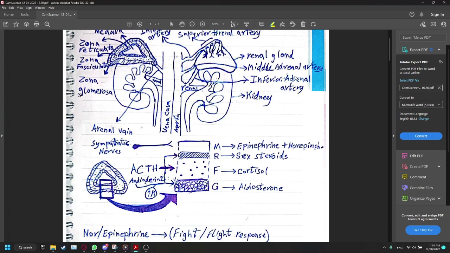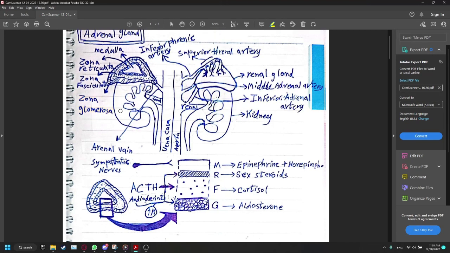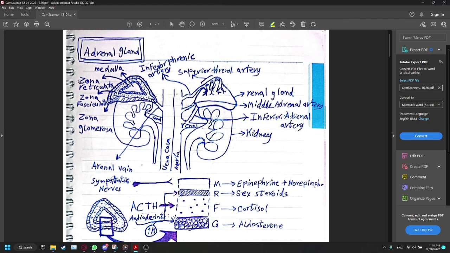So we can memorize it with that, I guess. Zona glomerulosa here. The word reticularis, it's called reticularis. I guess you could memorize it from the word ridiculous. It's just the word ridiculous here, right?